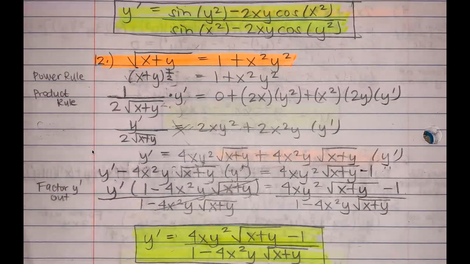So why do you get the y prime here? How did you get y prime here? Because I have to multiply the derivative of y by y prime. Okay, what is the derivative of y? Let me ask you this.